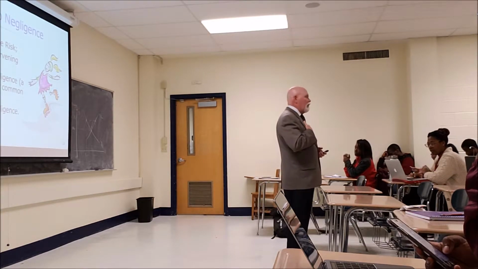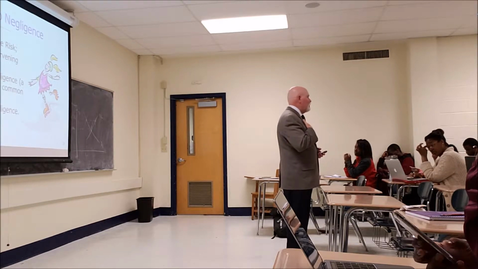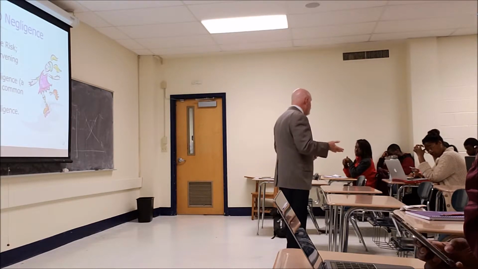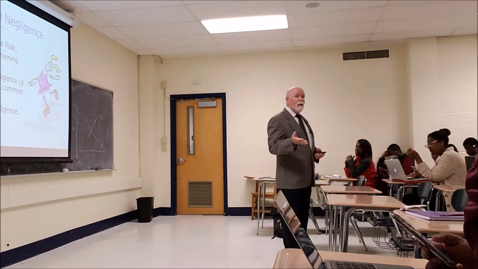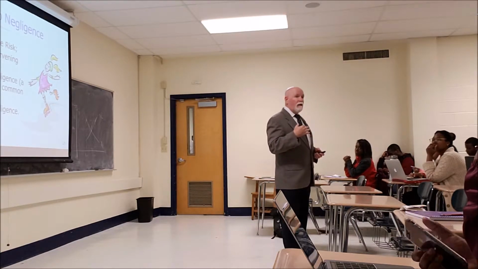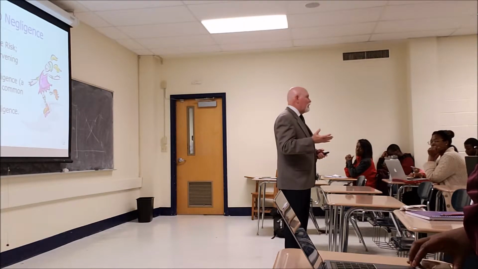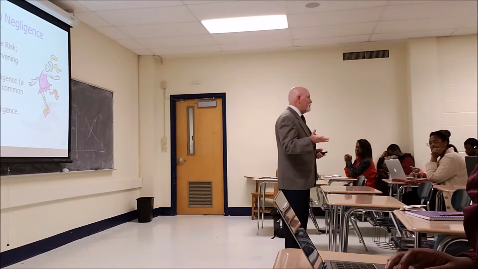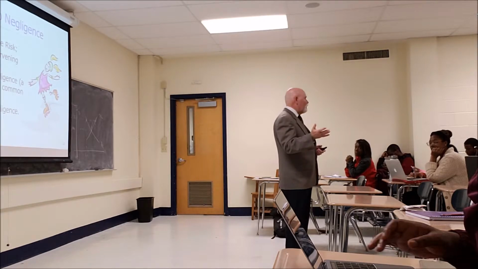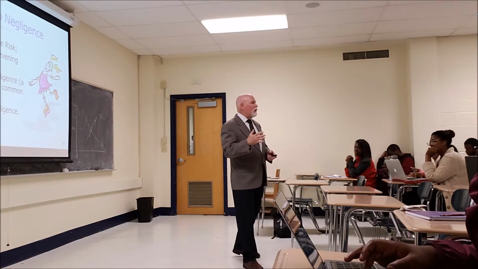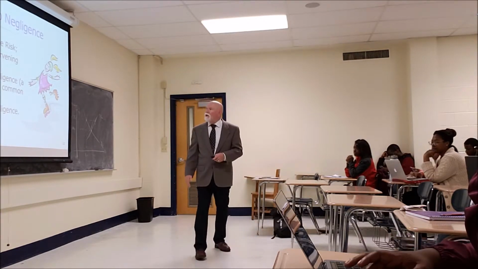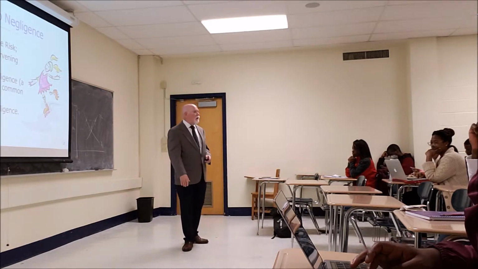If I am 50% negligent and another person is 50% negligent, then I only have to pay half of the award. The other person, who's my co-defendant, has to pay the other half, 50-50. So that's what is used these days in place of contributory negligence.